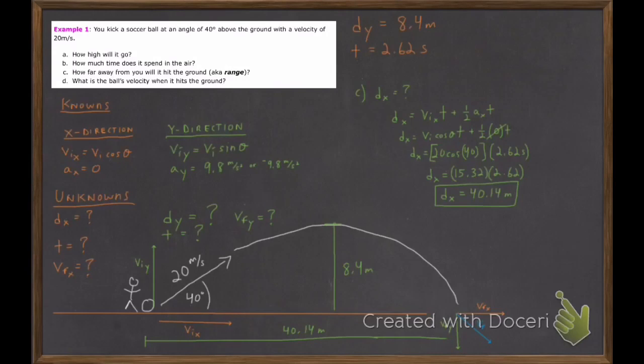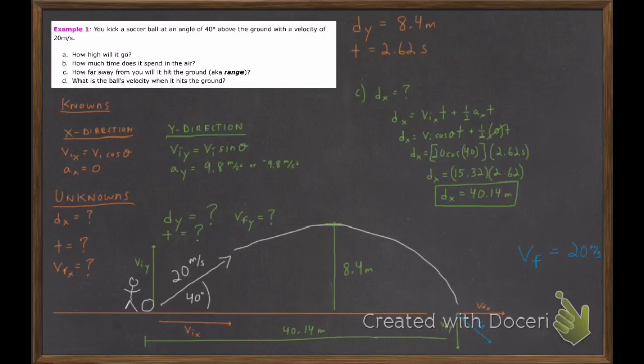So what do we know about VF? What is VF equal to? Well, we said that since this trajectory is a parabola, at the instantaneous snapshot of our starting position, which is 20 meters per second, the ending has to equal the same thing. So we know that the magnitude of our final velocity has to be 20 meters per second.